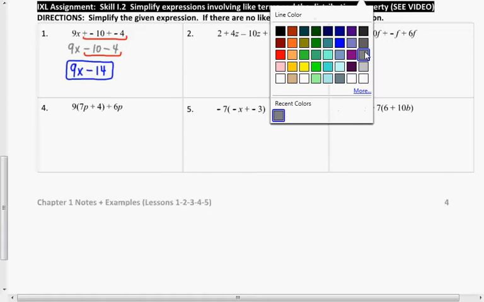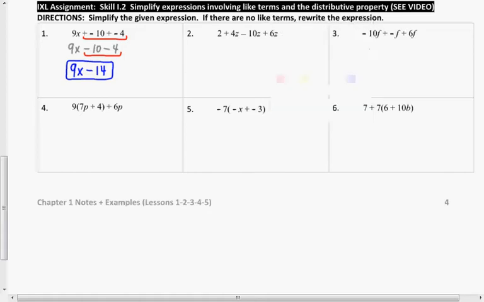Okay, the next example here gives us 3 like terms, all in a row. Plus 4z minus 10z plus 6z. So what you'll see here is if you add the 4z and the negative 10z, any way you look at this, those are all going to cancel out.